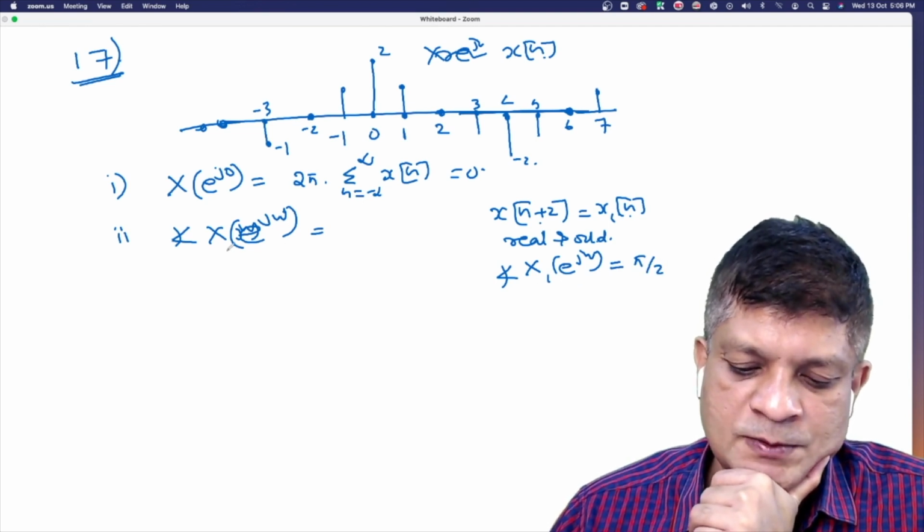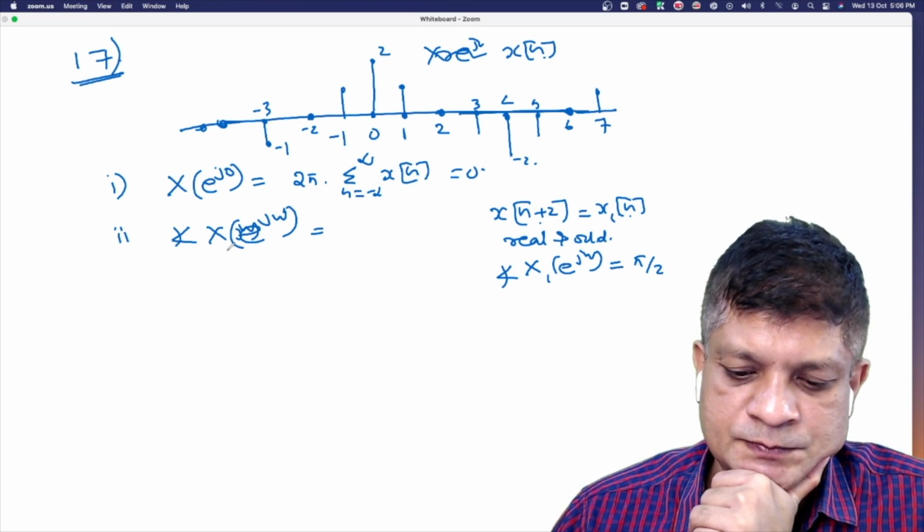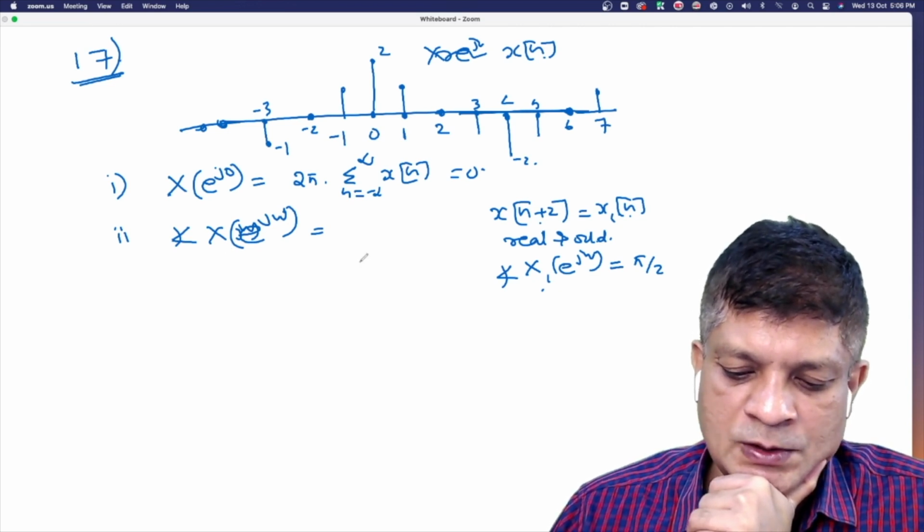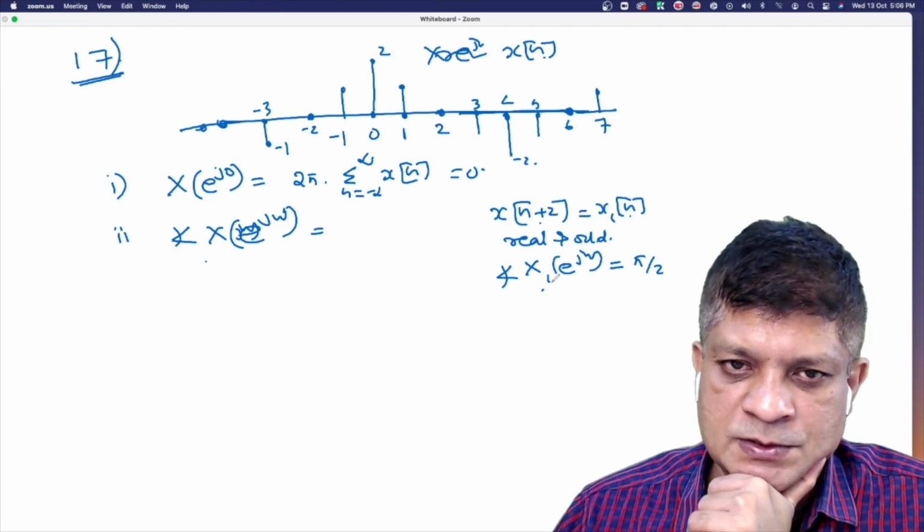Now what is this phase angle? How are the phase angles of X(e^{jω}) and X1(e^{jω}) related?